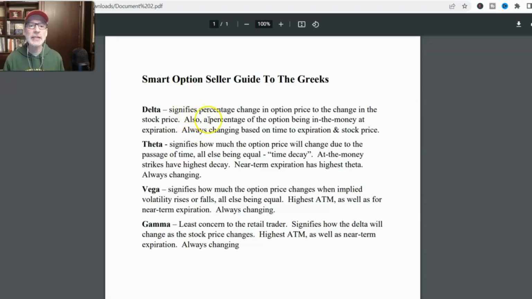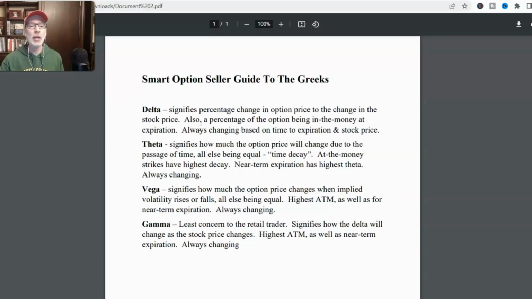The second definition of delta, it'll tell you what are the chances, or what's the percentage, of that option contract that you purchased or sold is going to be in the money at expiration. Now, being in the money doesn't necessarily mean you're going to be profitable. In the money just means whether the option price is at a certain distance from the stock price.